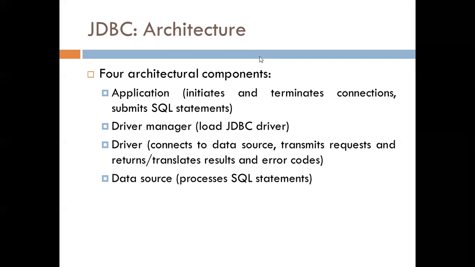It sets the transaction boundaries, submits the SQL statements and retrieves the results. Although it is a well-defined interface as specified by the JDBC API, the primary goal of the driver manager is to load the JDBC drivers and pass JDBC function calls from the application to the correct driver.